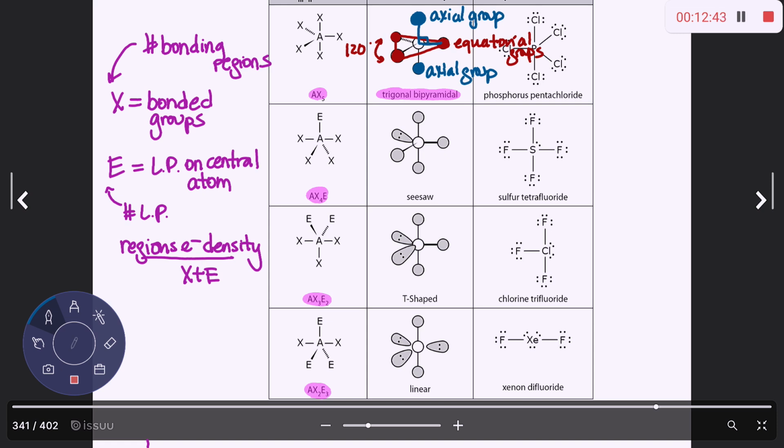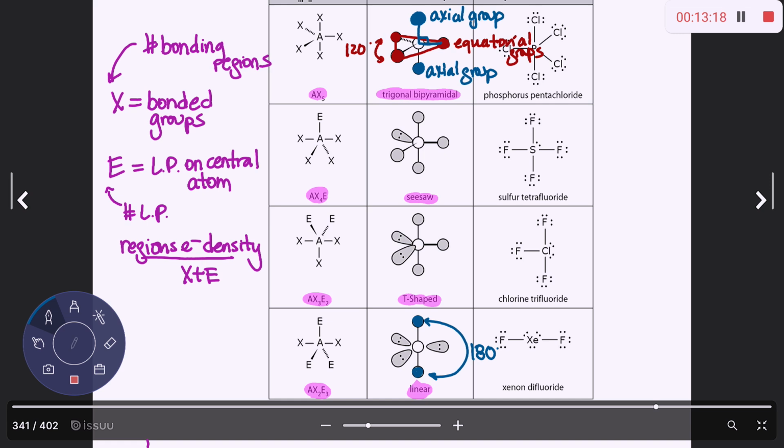All right, then if you take a look at the next one, this is seesaw. Then we've got T-shaped, and then you've got linear. Typically, it's deemed appropriate to put the lone pair of electrons in the equatorial region when you're drawing those, okay? The one thing that they might mention with this linear one is that the bond angle between the bonded groups, so between here and here, this would be 180 degrees, hence the reason they come up with the name linear.